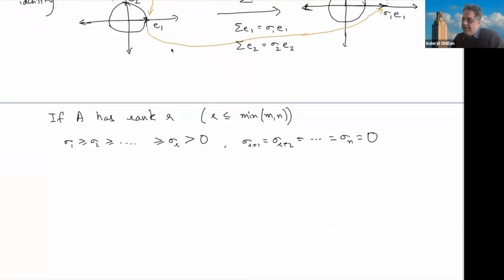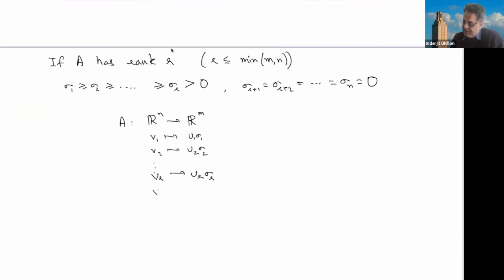Okay? And then if I think about my matrix A, then I have A from Rn to Rm. It maps V1, as we saw, to U1 sigma 1, V2 to U2 sigma 2, Vr to Ur sigma r, and Vr plus 1 actually maps to 0 because the rank is r.